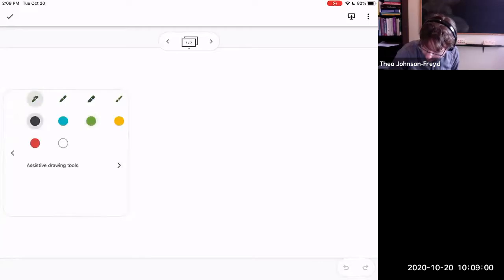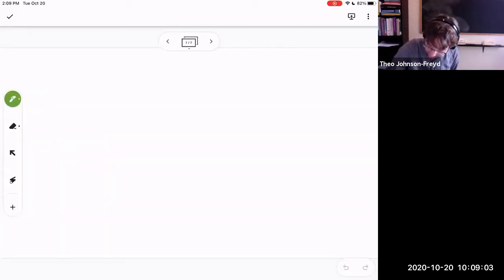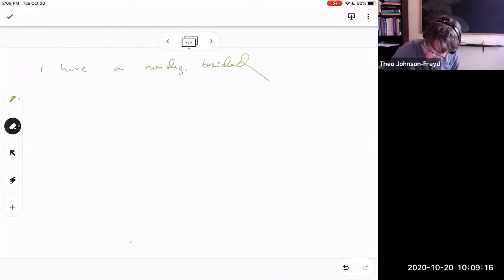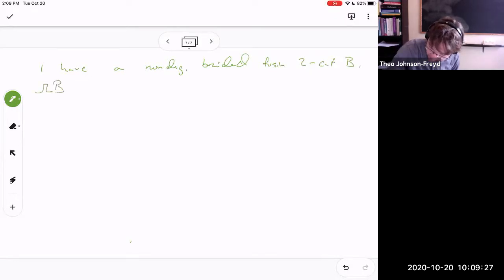So let's try to do this. What do I have? I have a non-degenerate braided fusion 2 category B, and as I said, I have the endomorphisms of the unit object. Let's try the case where it's representations of Z mod 2, so an emergent boson.